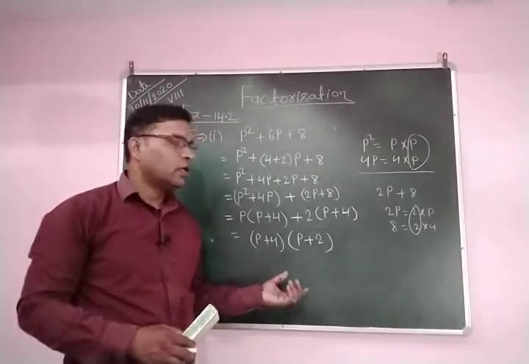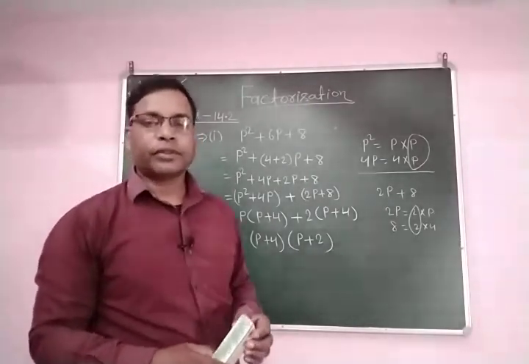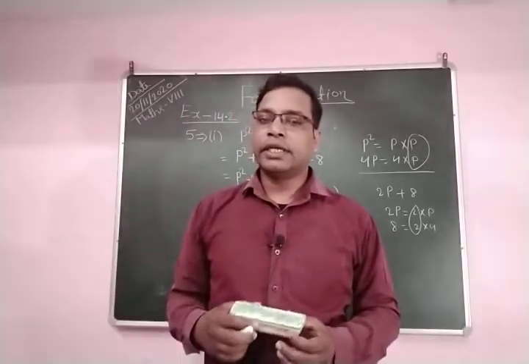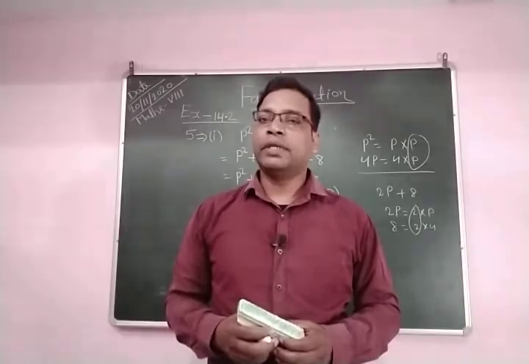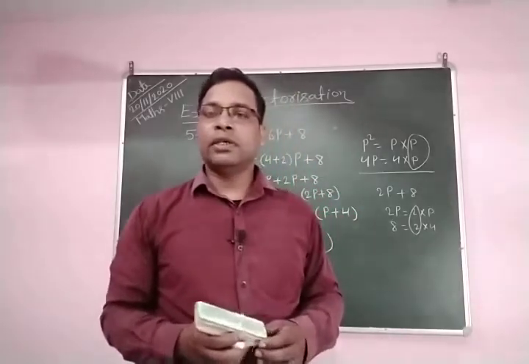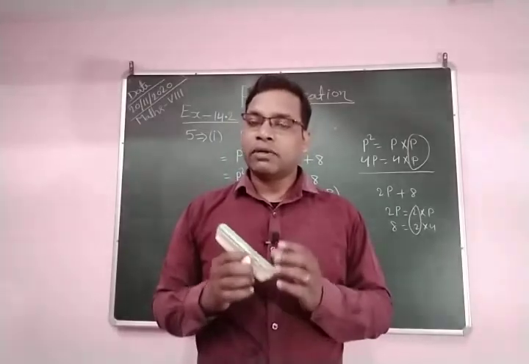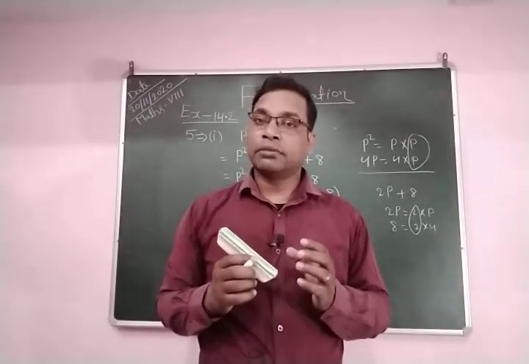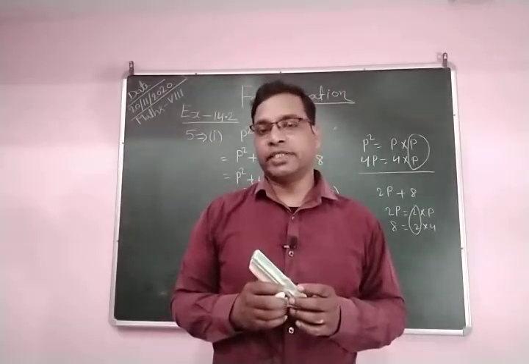I hope all of you students understood this question. Now we are going to discuss the next question: t square minus 10t plus 21. Let's see how we can find the factors of the second part of question number 5, exercise 14.2, chapter 14, factorization.